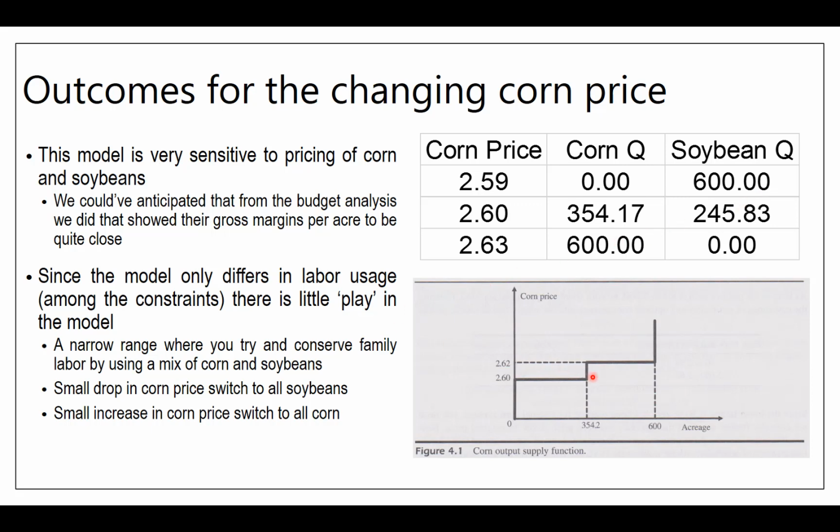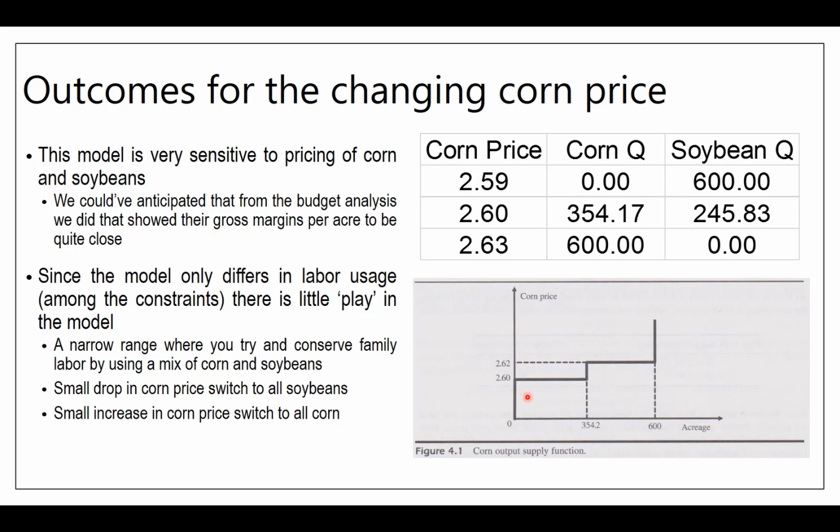And so what we see here is there's this narrow range between 260 and 262. This is figure 4.1 from chapter 4. There's this narrow range where there's a little bit of play in the model where the family labor constraint has some effect. Okay, so below this price, the conservation of family labor by soybeans matters.